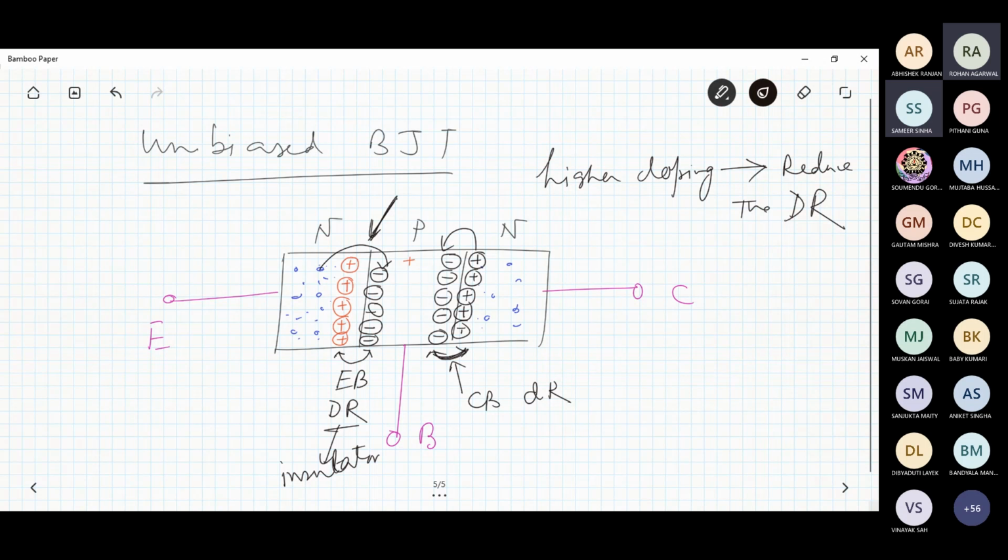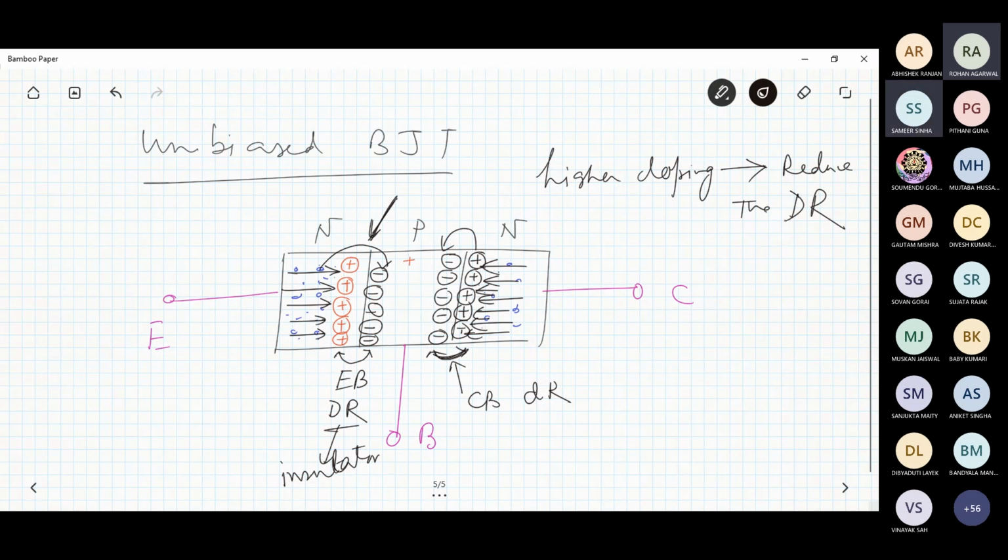Why? Because if doping is high, it will try to press these immobile positive carriers. If the doping is very, very high, it will press as much as possible towards this junction. So the penetration towards the higher doping region will be very, very less.